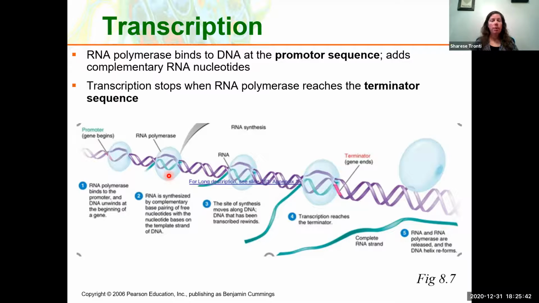And that's called the promoter. So here, RNA polymerase is going to bind to the promoter sequence. And then it's going to transcribe down, making a new RNA strand that is using one of the DNA strands as a template, forming the RNA until it reaches the terminator. And then it's going to release. We have our new RNA strand for that gene.